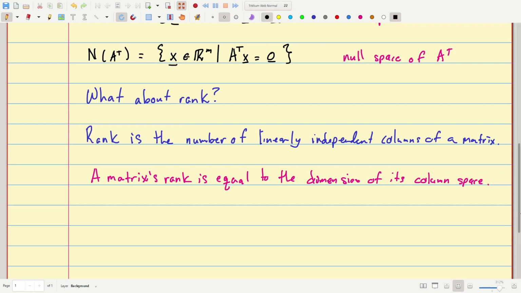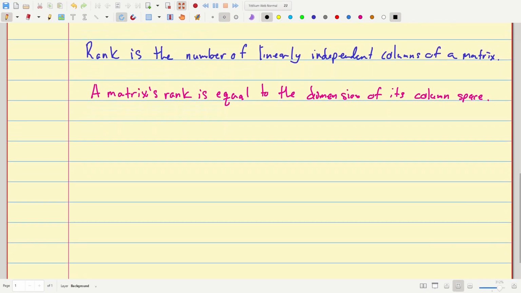And beyond this, we want to continue on with this idea. I want to talk briefly about the idea of the image of a mapping.